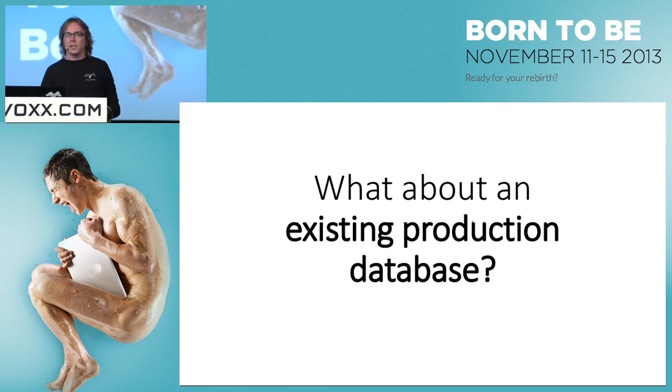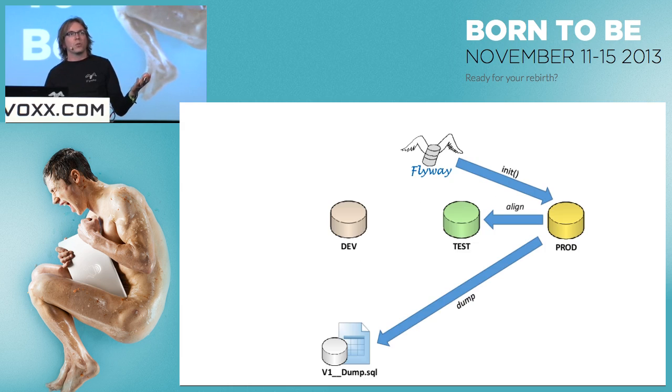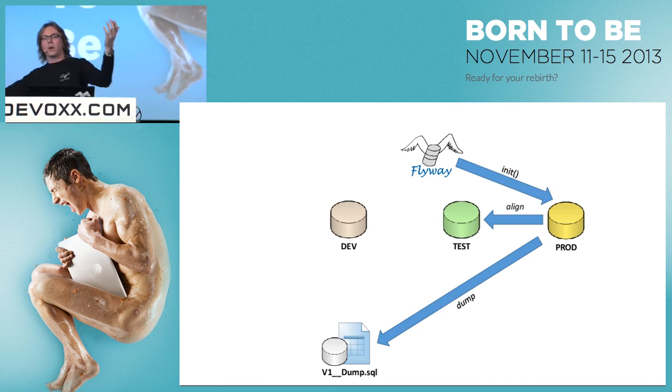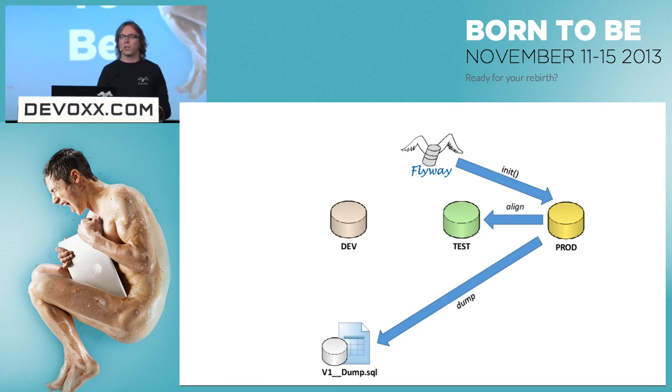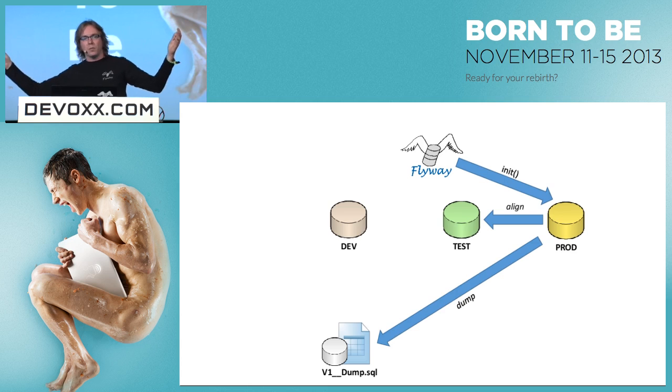Now, the next thing is, most projects are not greenfield. You actually have some baggage, you already have a database out there that you can't just throw away and start fresh. So how do you deal with a production environment? In our case here, we have a development, test and production environment. What do we do? The first thing is we take a dump of the production environment.